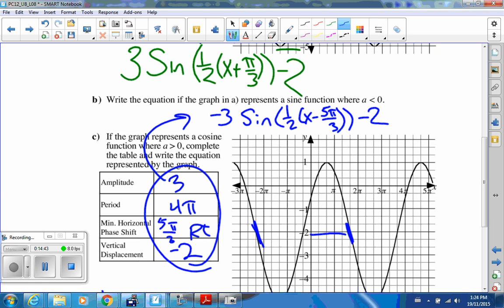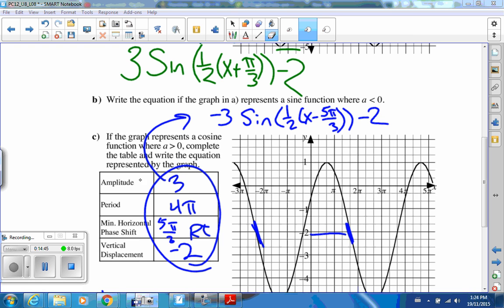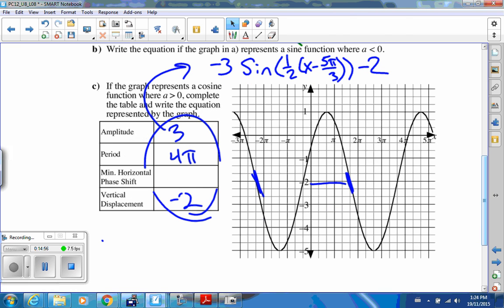Now let's erase all this information, because all we really need to erase is that. All the other information is still the same, except now we're doing it as a positive cosine. Positive cosine starts at its maximum value, which is right here. Remember that each square is pi thirds, so it's going to be 2 pi thirds to the right.